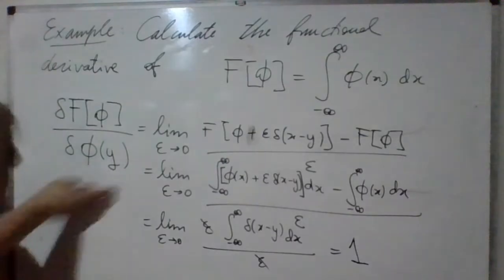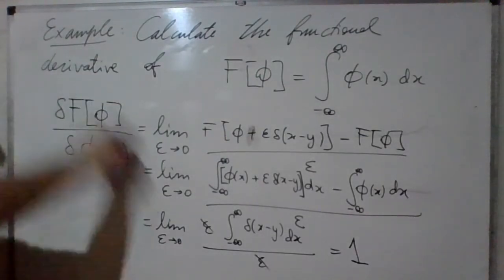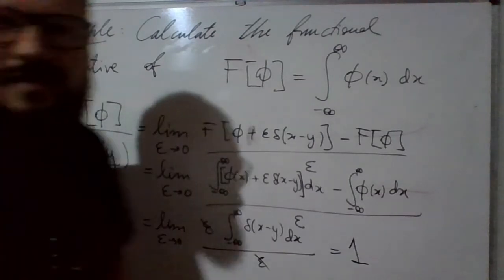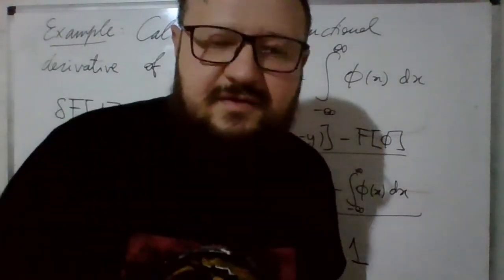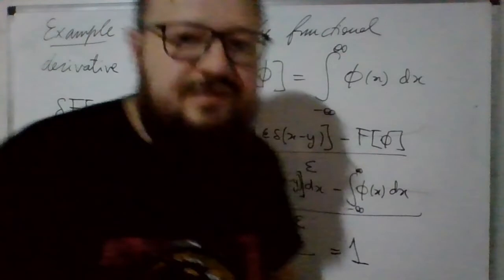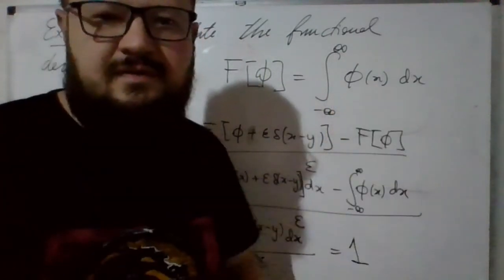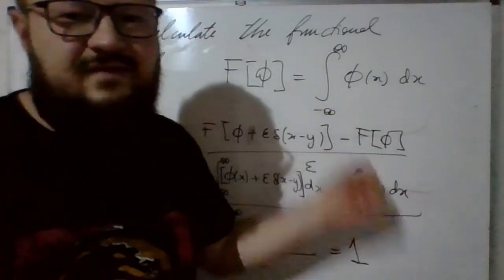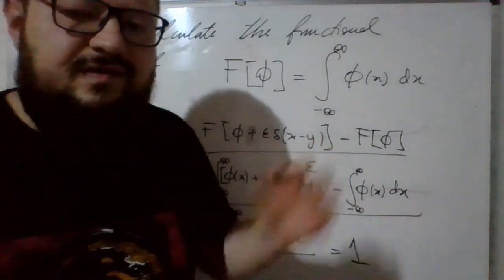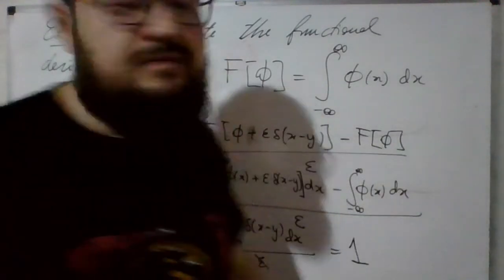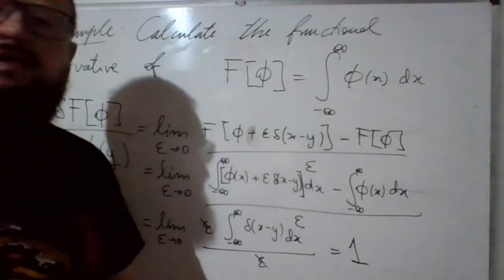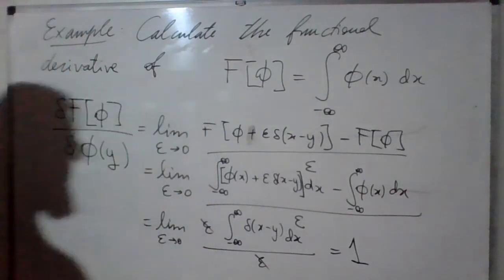But here I am calculating a functional derivative, which is the derivative of a functional, which measures how a functional changes if I insert a small perturbation inside the functional. Okay, this is it.